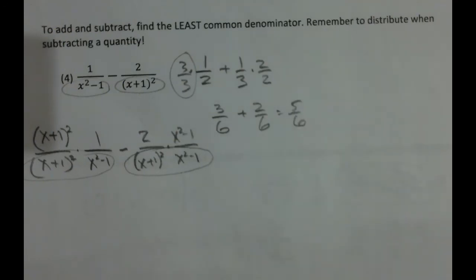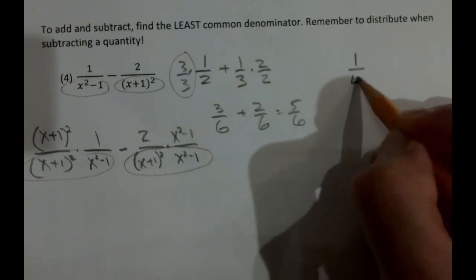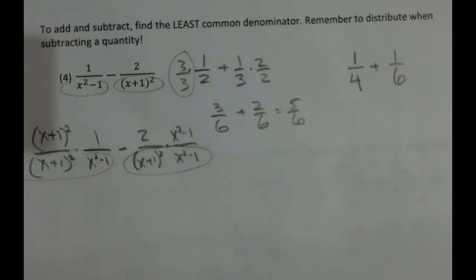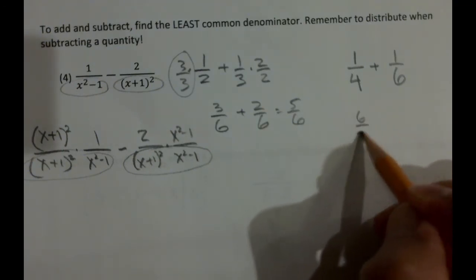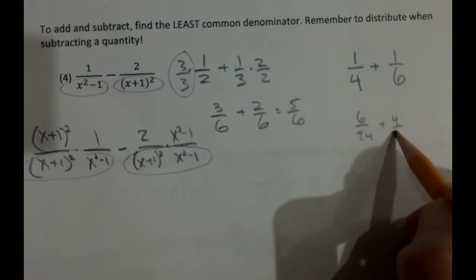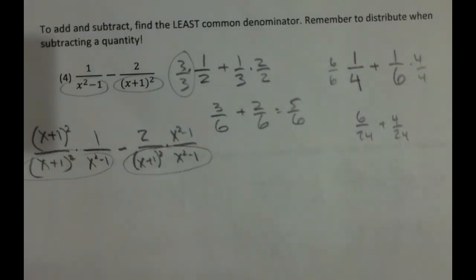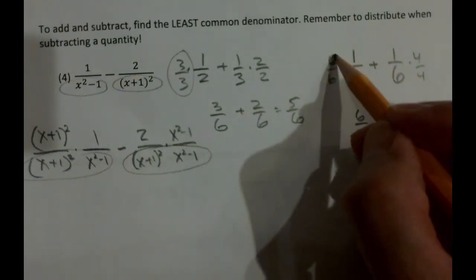Right, for example, if you had to add a fourth and a sixth, you could turn that into 6 24ths plus 4 24ths, right? 4 over 4, 6 over 6. Or recognize that actually I could do 12ths.